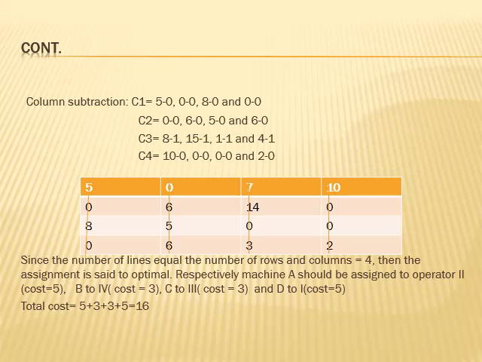So when we assign machine A to operator 2, B to 4, C to 3 and D to 1, we will get the minimum cost of assignment for 4 machines to 4 operators.